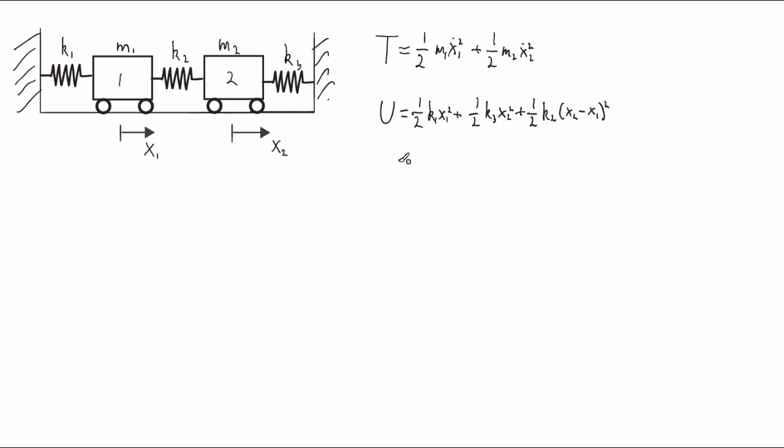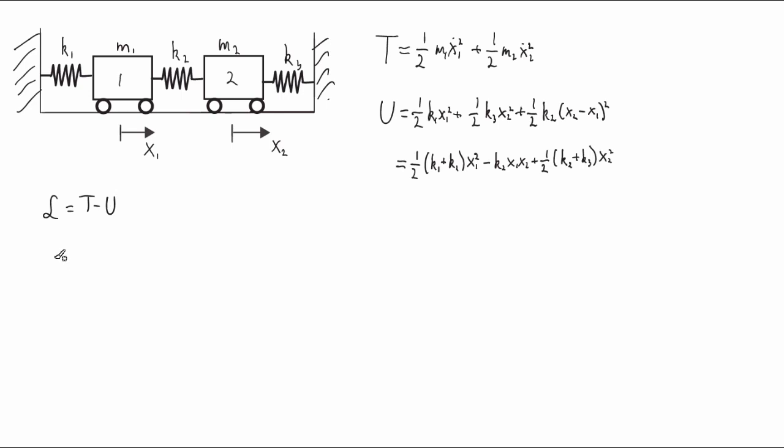We'll rewrite it a little bit, which just amounts to grouping terms together so that all the x1 squared, x2 squared, and x1 x2 terms are grouped together. Okay, so the Lagrangian, we know, is the kinetic energy minus the potential energy.